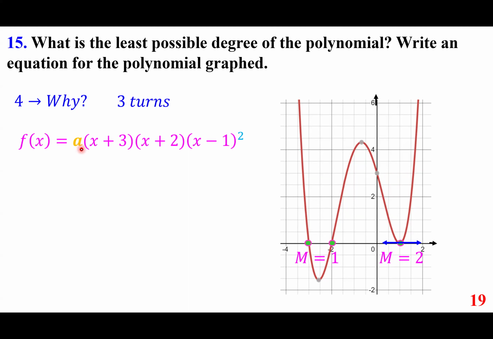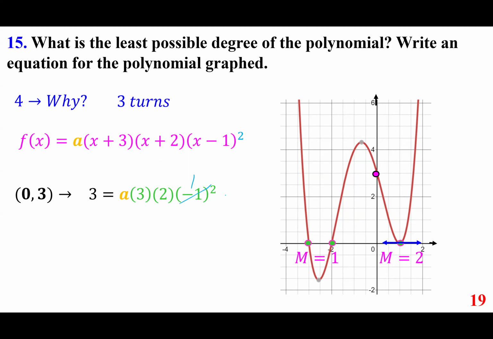How do you get that? Well, look up one more point, an easy point. What would be the easiest point? The y-intercept located at (0, 3), which means replace the x with 0 and y or f of x with 3. When we do that, this becomes 3, this becomes 2, this becomes minus 1, and this is 3. Minus 1 squared is positive 1.